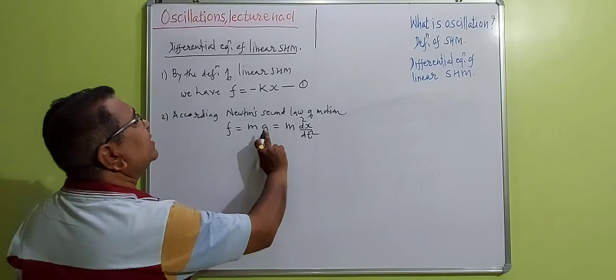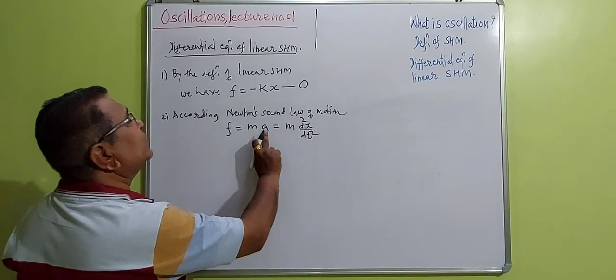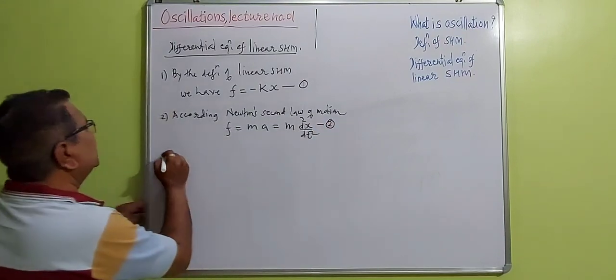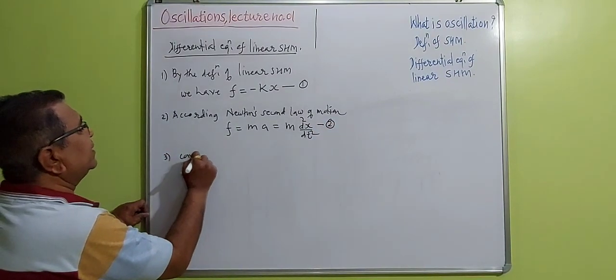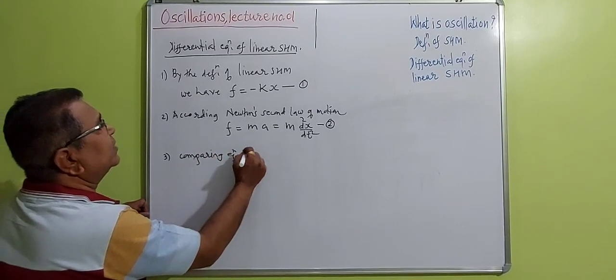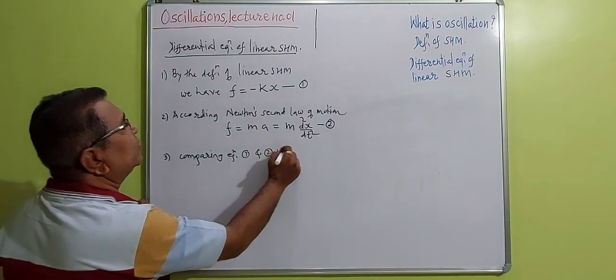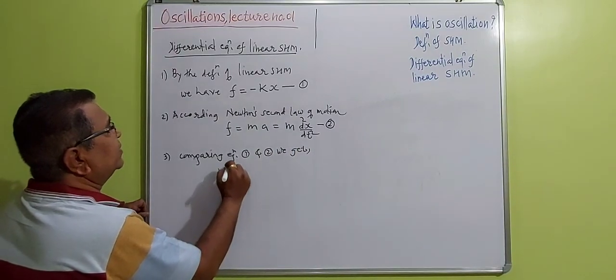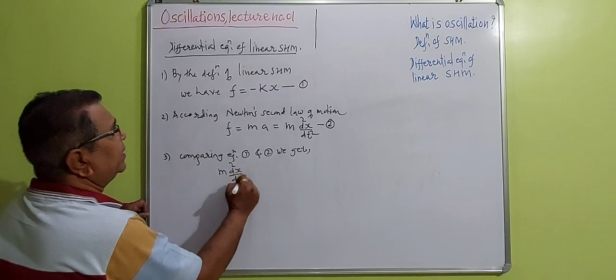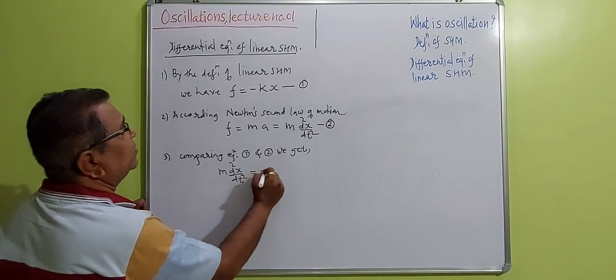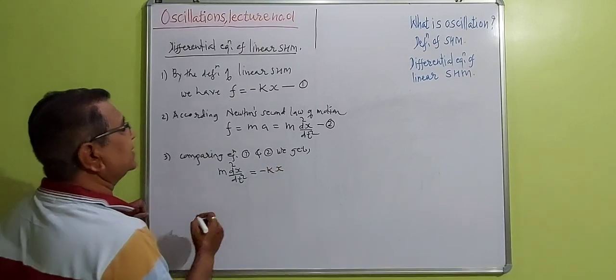Acceleration a is the double derivative of displacement. This is equation 2. Then number 3, comparing equation 1 and 2, we get m d2x by dt square is equal to minus kx.